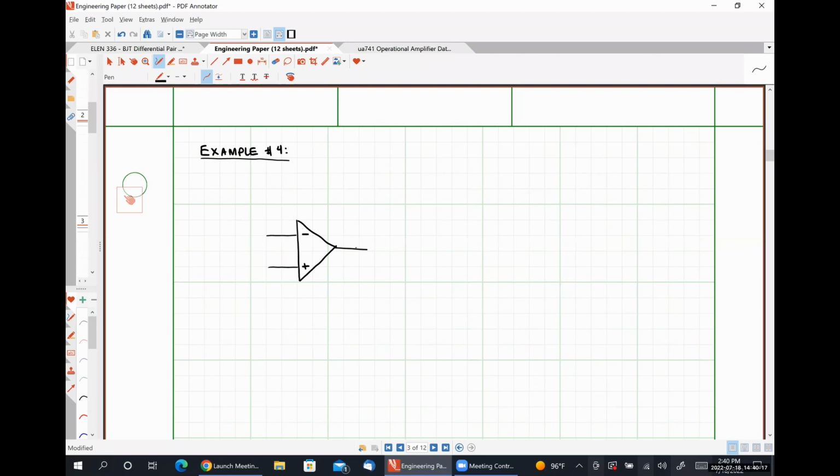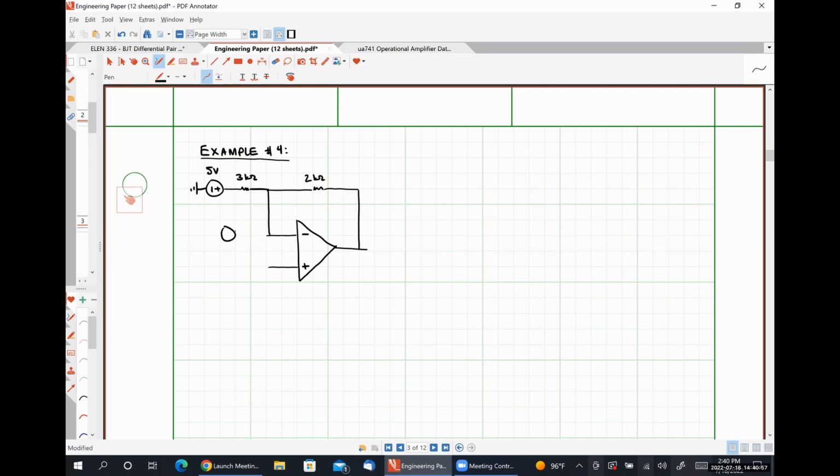So let's start with the inverting side here. Let's put a 2 kilo ohm resistor right here. Here, let's have a 5-volt source in series with a 3 kilo ohm resistor.